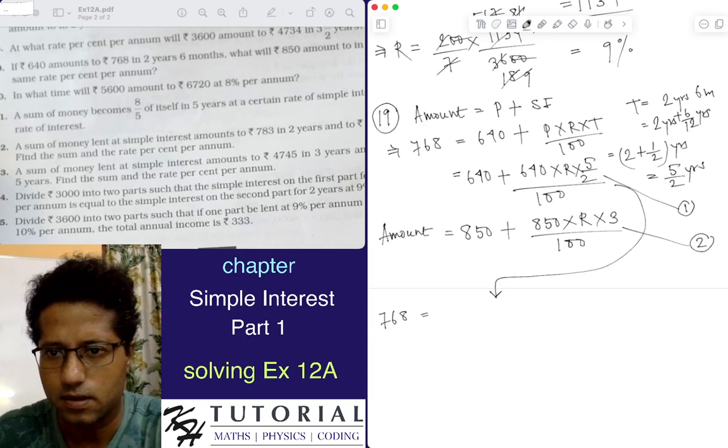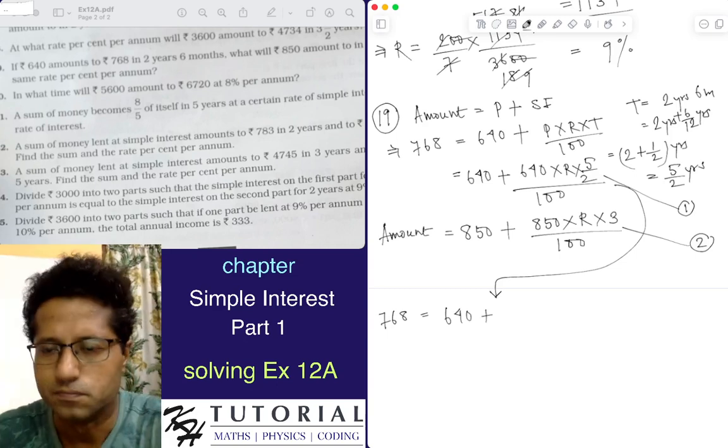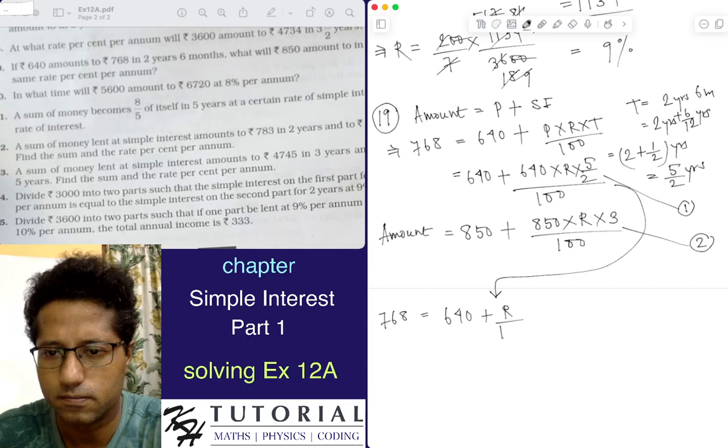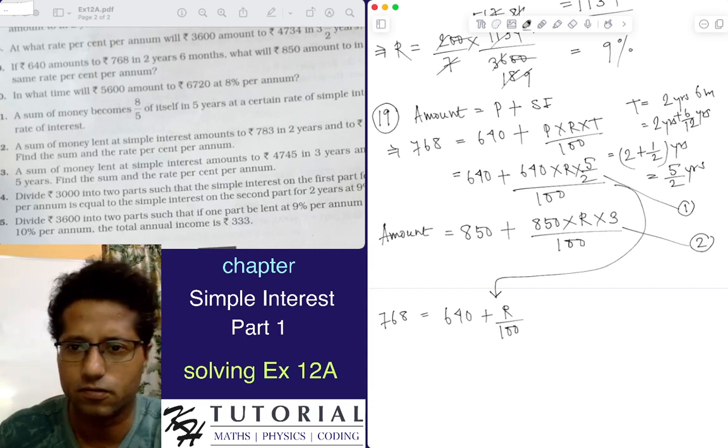So I am trying to find R by 100 from equation 1.